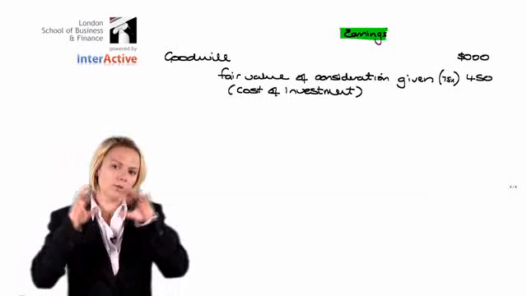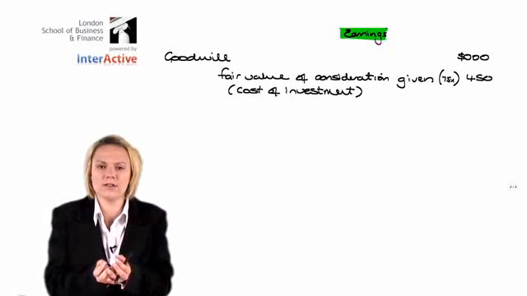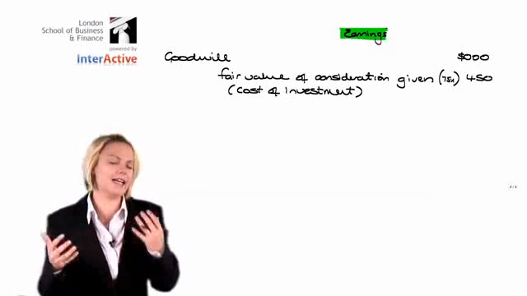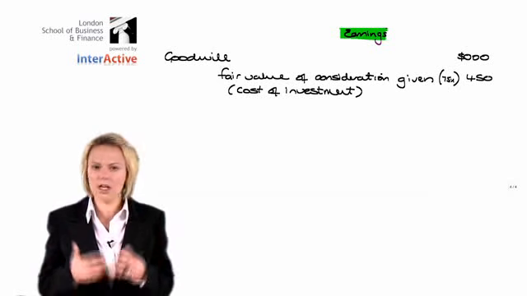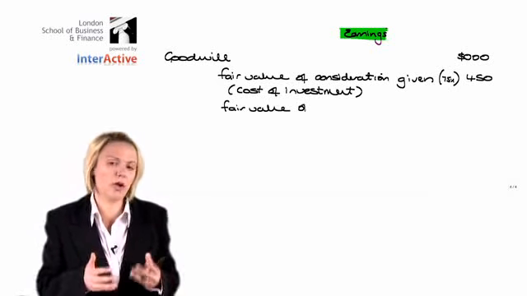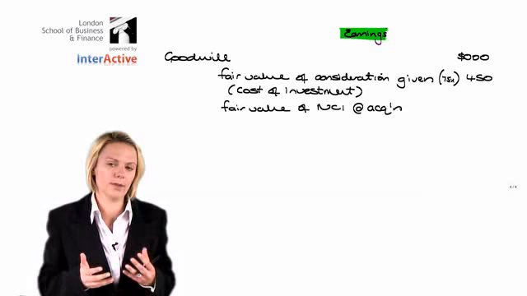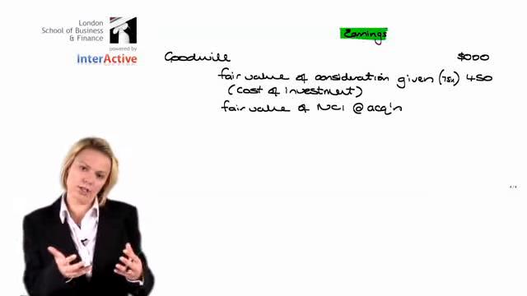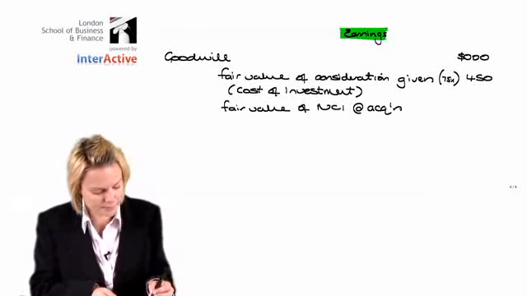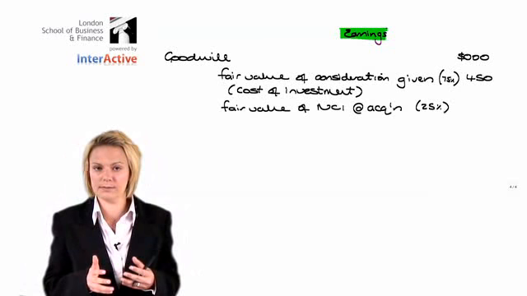So we need to find the value of 100% of the subsidiary to compare it to 100% of their assets and liabilities. So at this point, we always add the fair value of the non-controlling interest. And that will always be at acquisition, because goodwill will only arise upon the acquisition of the sub 2 years ago. 25%.